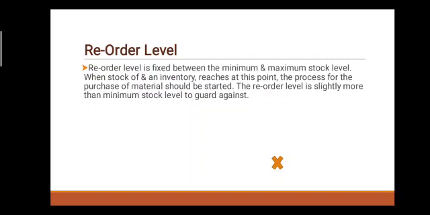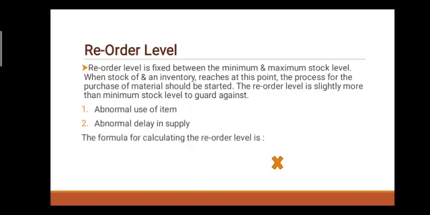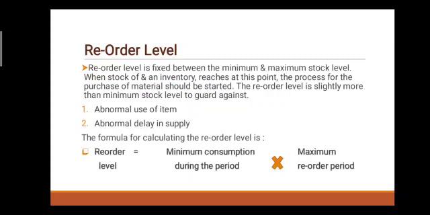The reorder level is slightly more than minimum stock level to guard against first, abnormal use of item, second, abnormal delay in supply. The formula for calculating the reorder level is reorder level is equal to minimum consumption during the period into maximum reorder period.